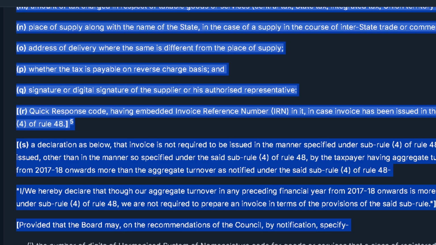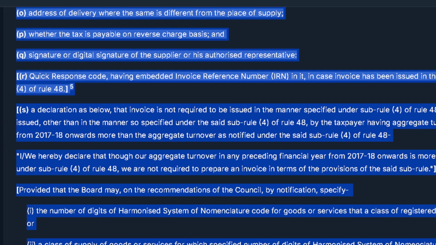We hereby declare that though our aggregate turnover in any preceding financial year from 2017-18 onwards is more than the aggregate turnover notified under sub-rule 4 of Rule 48, we are not required to prepare an invoice in terms of the provisions of the said sub-rule.